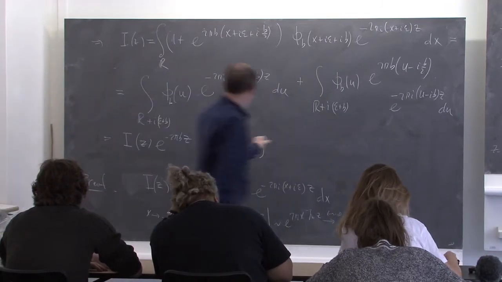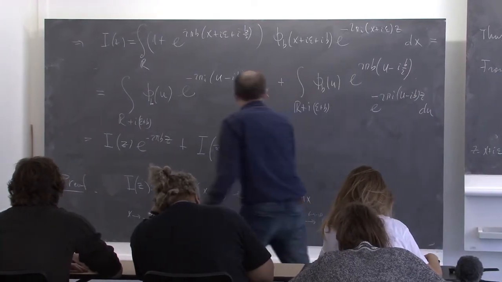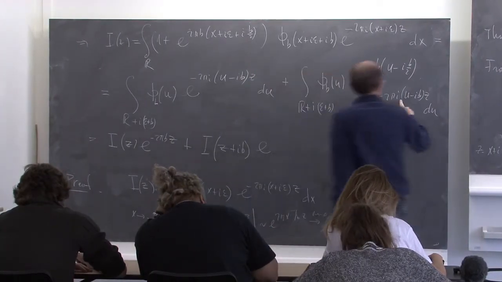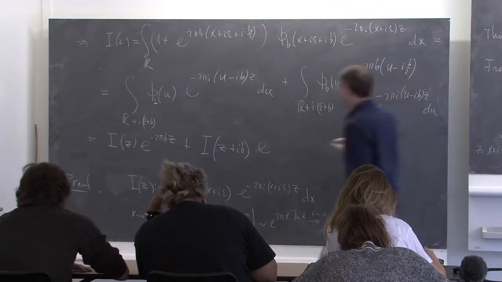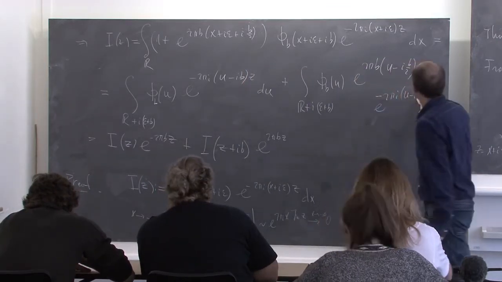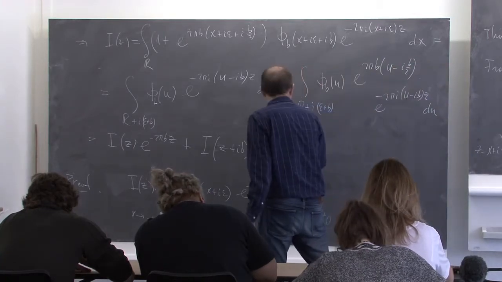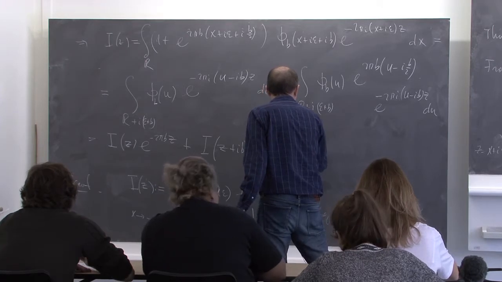Right? And we write the rest. The rest is e. Here we have minus 2 pi b z, this term. And here one more contribution given by minus pi i b squared.